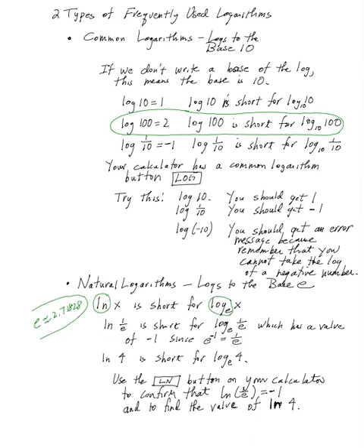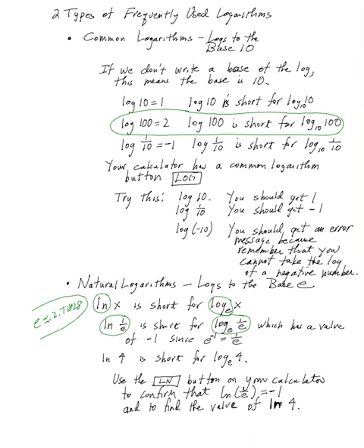So the natural log of 1/e is short for the log base e of 1/e, which has a value of -1, since e to the -1 is 1/e. Try that out on your calculator. See if your calculator doesn't tell you that the natural log of 1/e is -1.